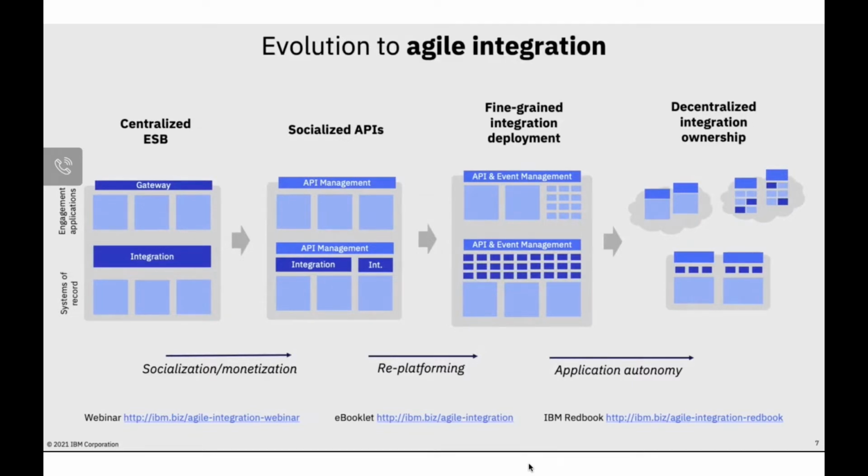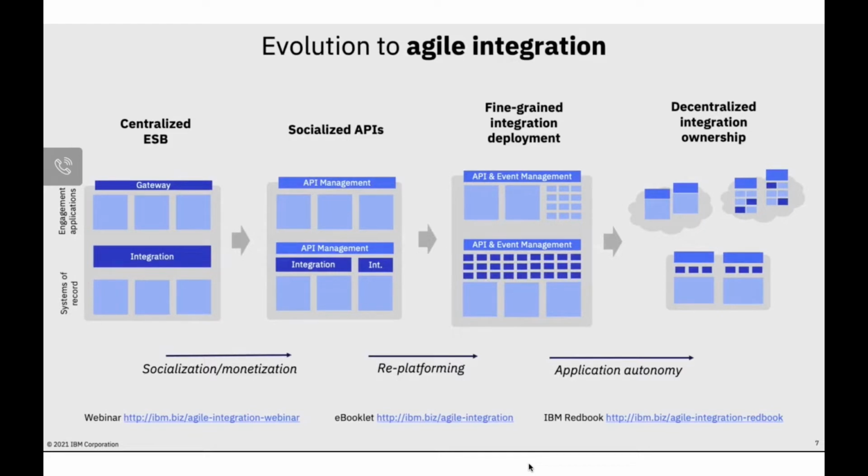And then as we move into the final column, we see decentralized ownership of integration. So perhaps integration teams starting to take on responsibility for building and maintaining their own integrations and exposing their own APIs.